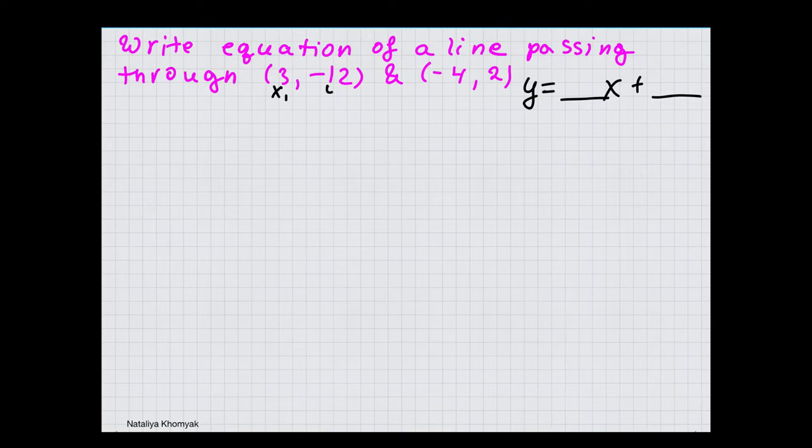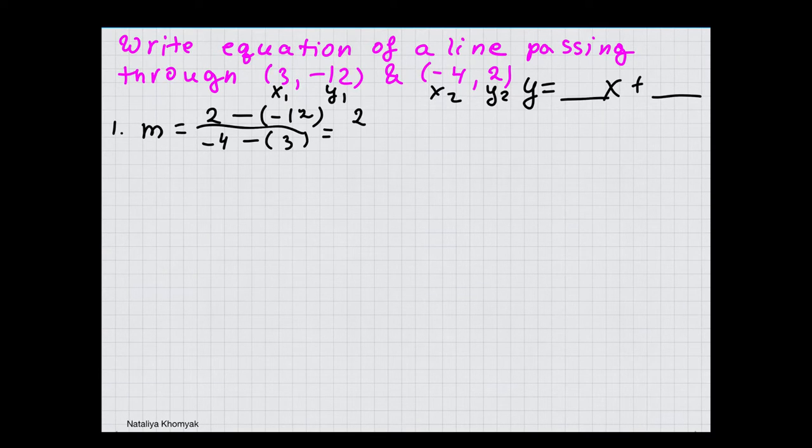So here we go, x1, y1, x2, y2, and the first step is to find slope, which is y2 minus y1, -12, out of x2, -4, minus 3. So in the numerator we have 2, negative times negative, positive 12, out of -4 minus 3.